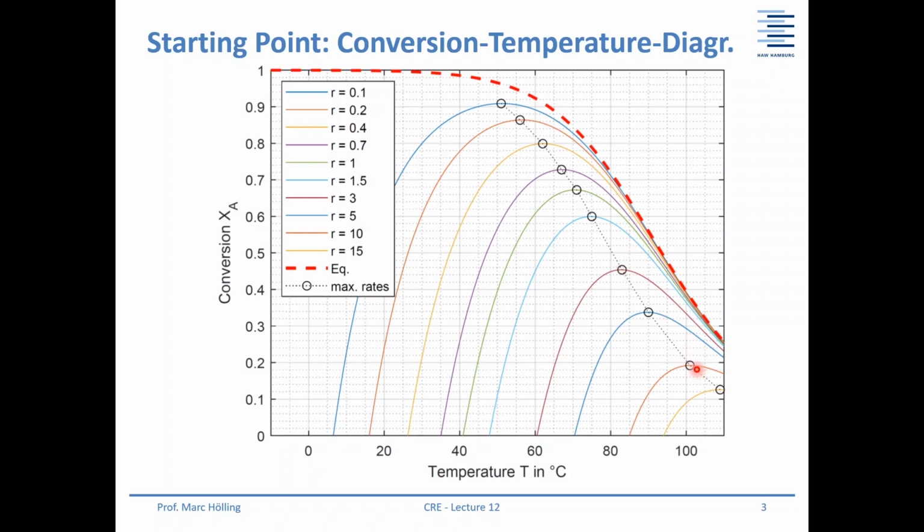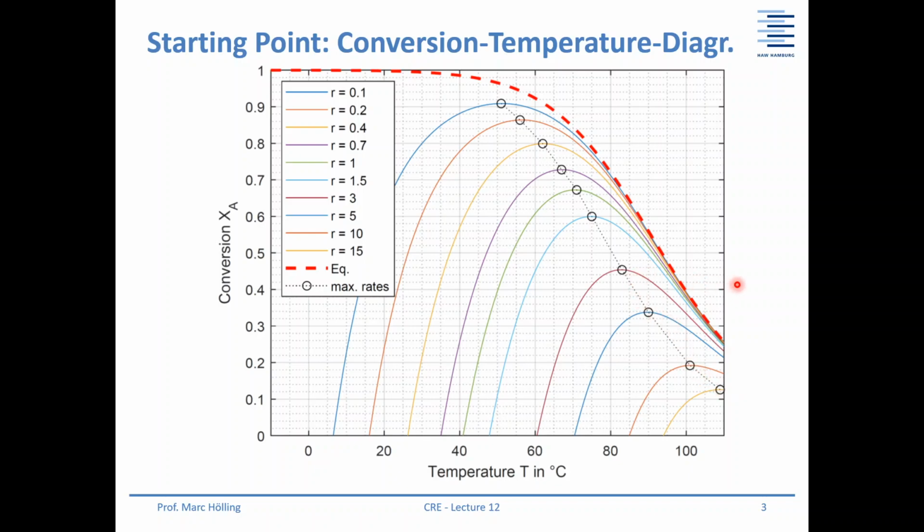And since this point here is always the best or the highest reaction rate that you can have for a certain conversion, this is a special path, and this is the path of the maximum rates. In the last worksheet, I called it the locus of maximum reaction rates.